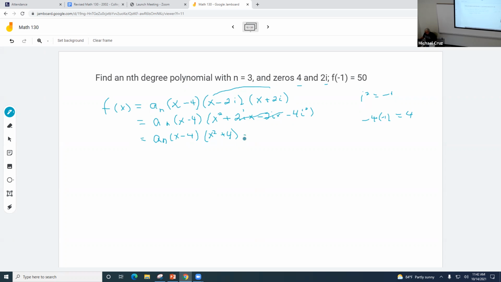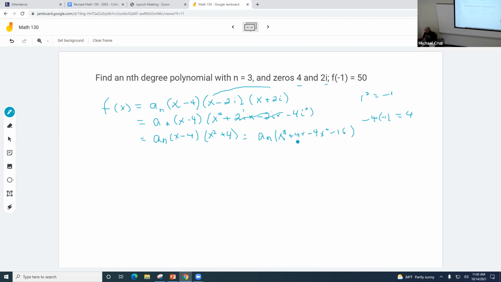I might need a little bit extra room here, so I'm going to just go sideways. So just form it out: x cubed, 4x inside is -4x squared. And then the last is -16, -4 times positive 4.